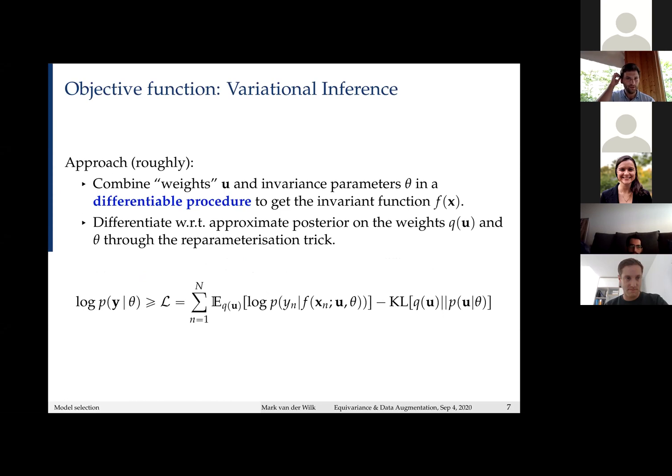But the main problem with making this objective function differentiable is in parameterizing an invariant function in a differentiable way. So the way that we do this is we essentially combine the weights of our function, which you can think about as the weights of a single layer neural network, and the invariance, and we combine those in a differentiable procedure to get an invariant function f. And then if we've got that, we can compute this objective function and differentiate through it and optimize it with respect to both theta and the distribution over the weights using the reparameterization trick.